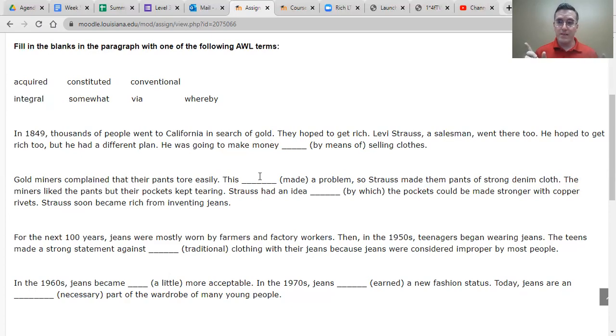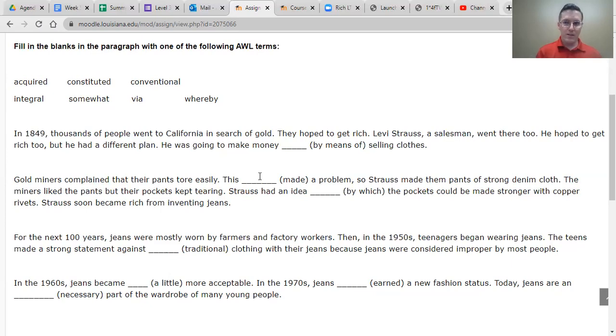Knowing these things, being able to identify these things will make your assignments and your quizzes and tests that much easier. And it will help you later when you are reading English, being able to figure out the meaning of unfamiliar vocabulary.